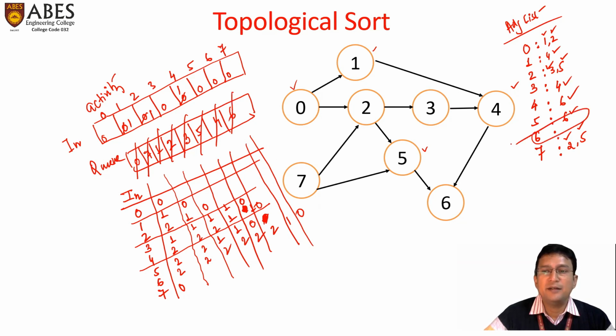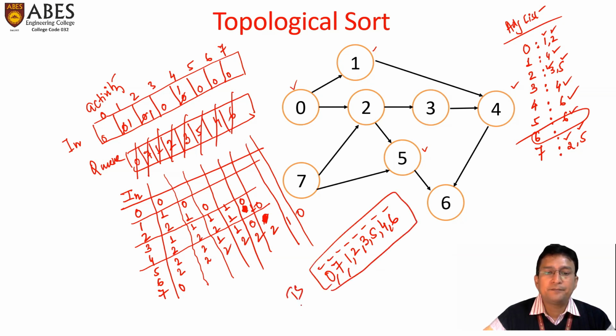You can see that the adjacency list of the 6 is empty. So the queue becomes empty, and here the process stops. The order in which we have included the vertices in the queue is the topological sort order. So 0, 7, 1, 2, 3, 5, 4, 6 is the order of the topological sort.